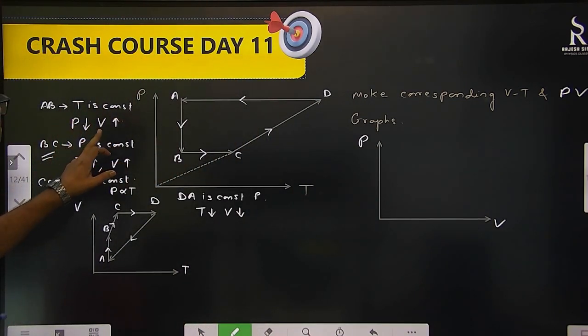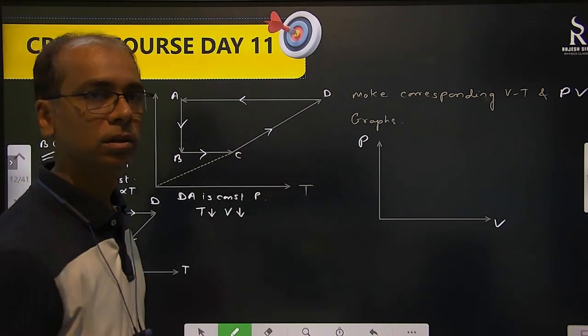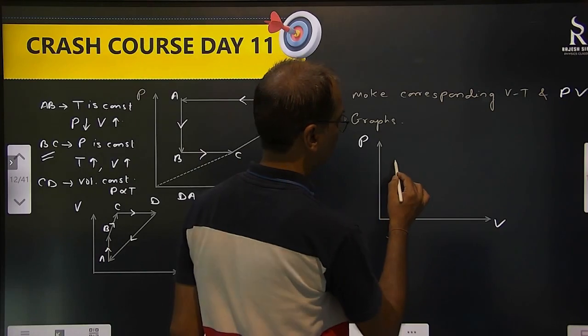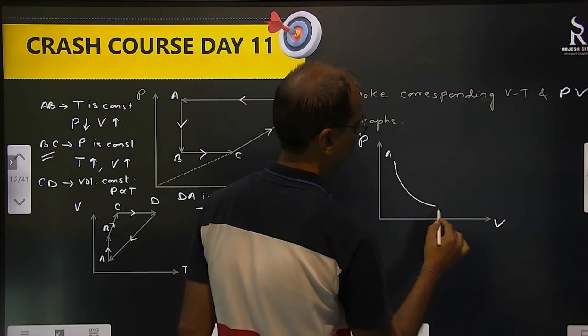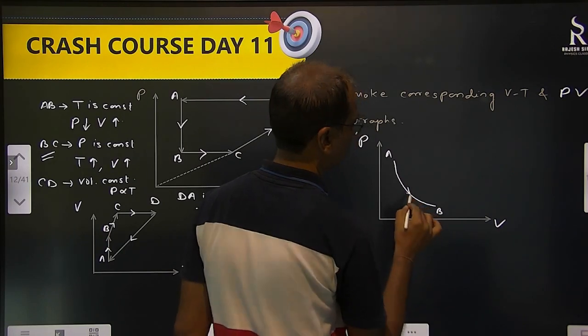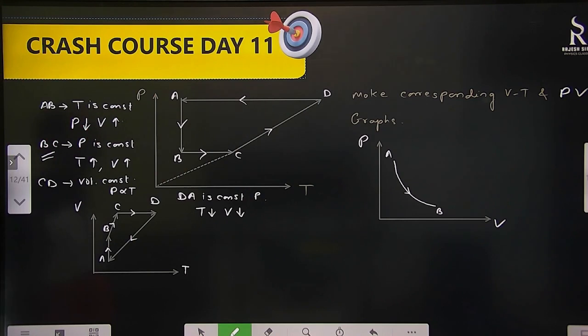P is going down, V is increasing. Isothermal means, okay, like this. This is AB. V is increasing, pressure is decreasing. Isothermal process. Okay, fine.